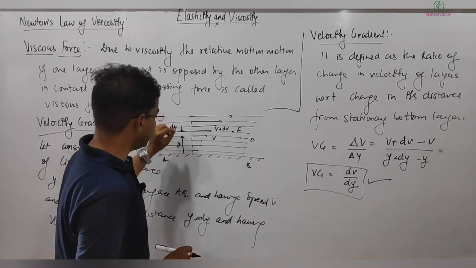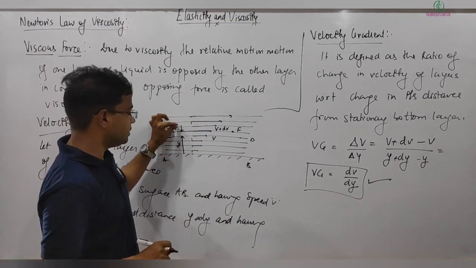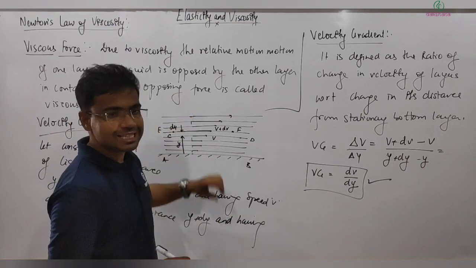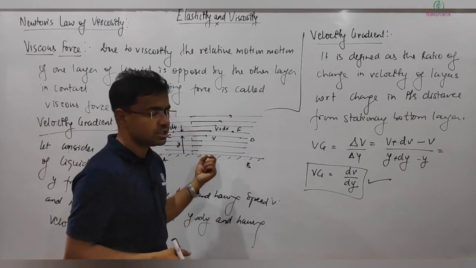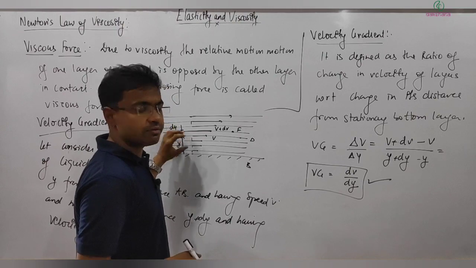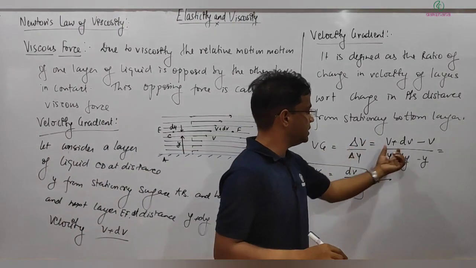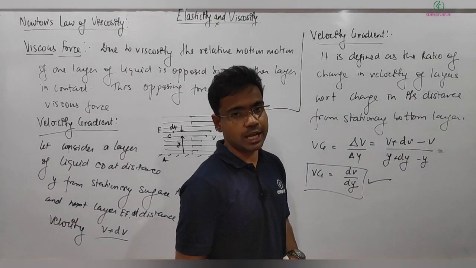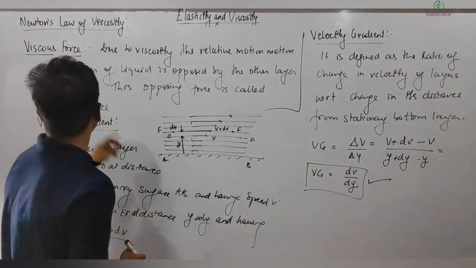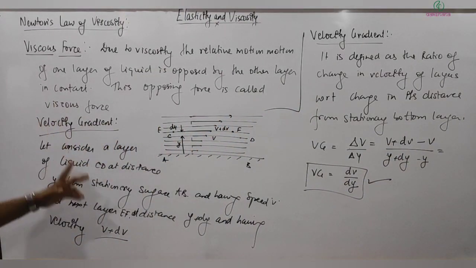So as we go to distance y or y plus dy, the velocity changes. The change in velocity divided by the change in distance from the fixed bottom surface is defined as the velocity gradient. Now let me calculate the viscous force.